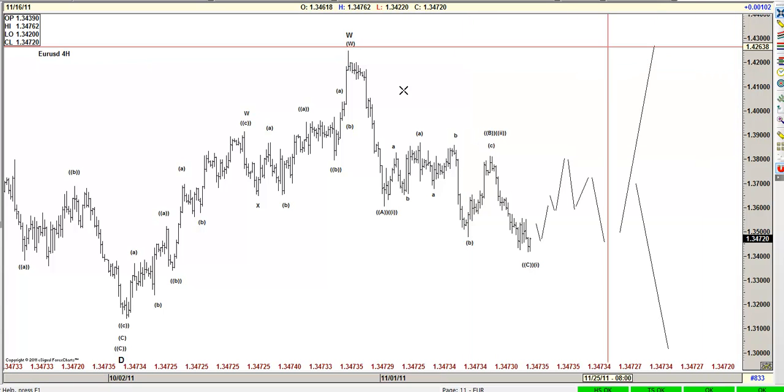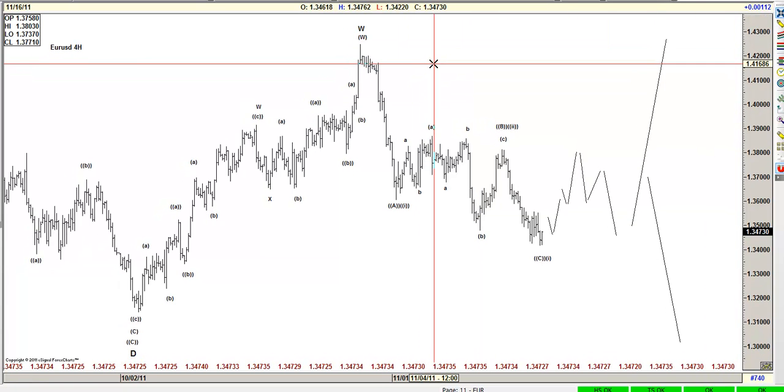So in general, guys, we see some type of temporary top. The degree of the top that is going to be found within the US dollar needs to be seen, but we believe that the US dollar pairs are going to create some type of top soon.